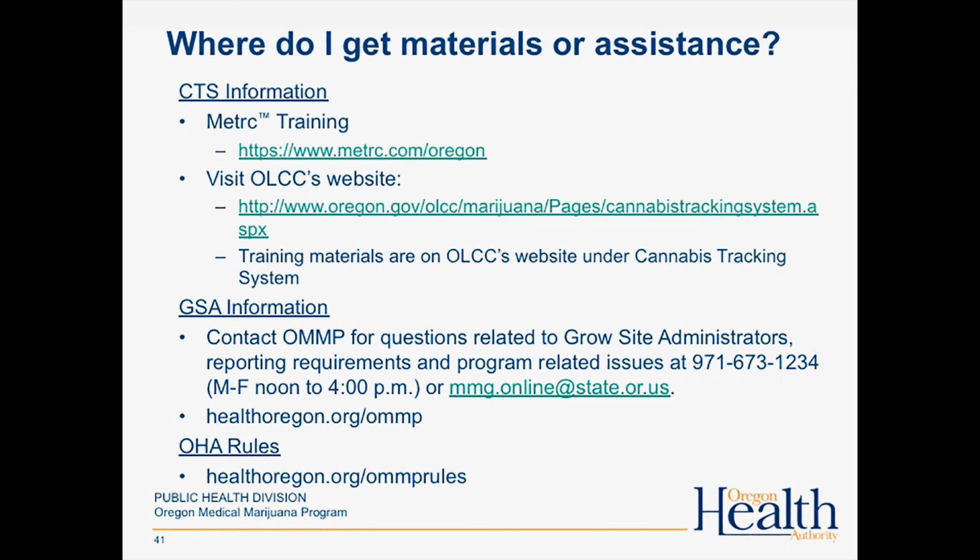We have sent out a lot of communication. We started out with broad bulletins that we sent to people, and then we've targeted that down to the specific people that need to use the tracking system and say, you're listed at this site. We're trying to do outreach as much as we can. Along with the OLCC, we are holding joint group meetings, and we'll be finished with our part the following week, trying to make sure we've told everybody about this part so we get you set up as the Growsite administrator, because that's step one.